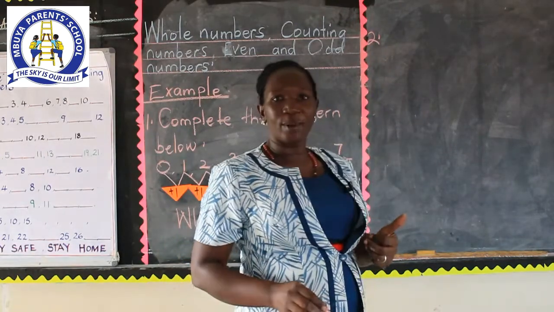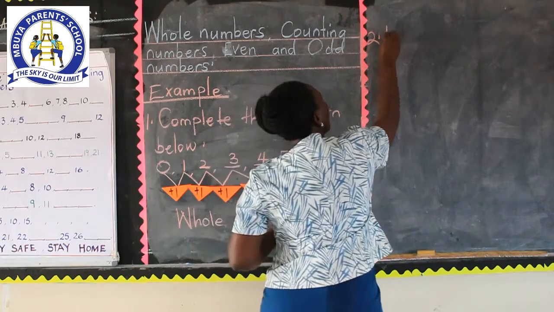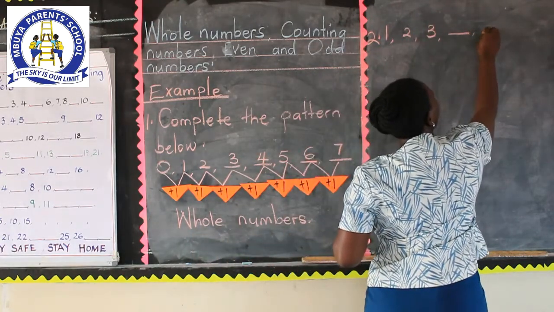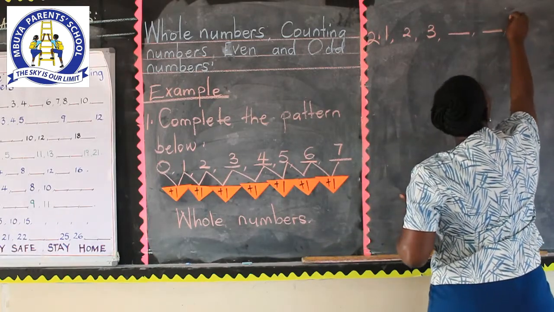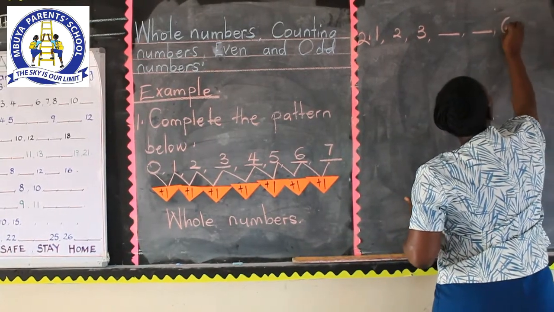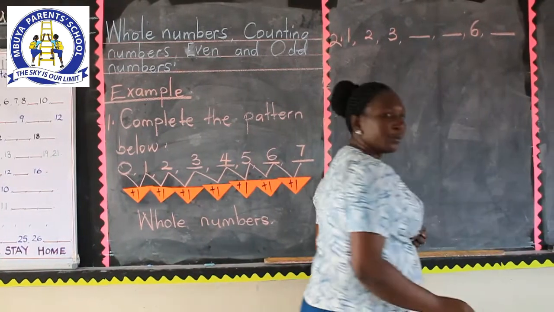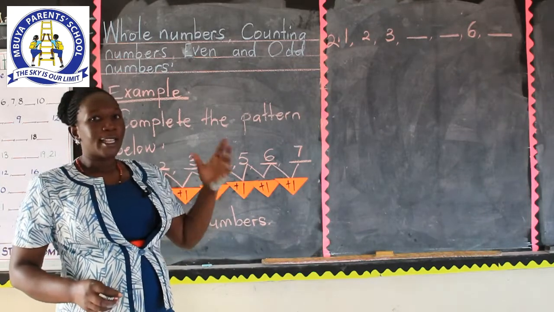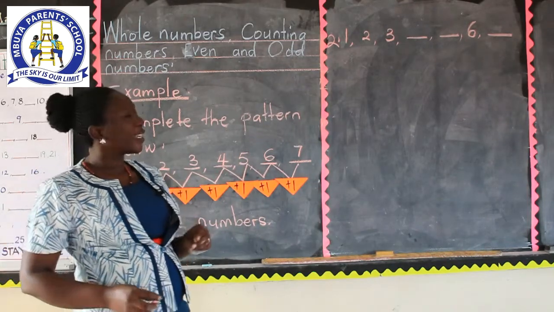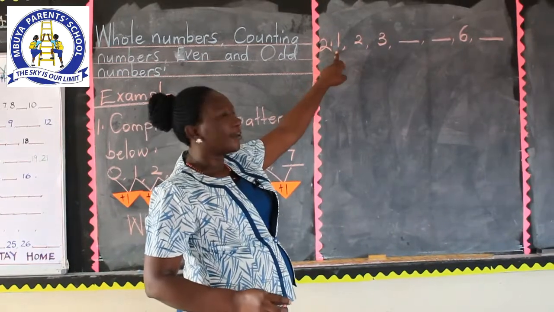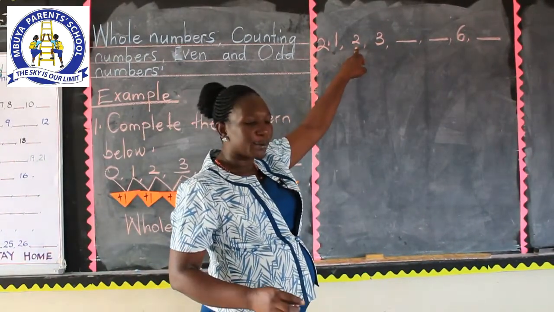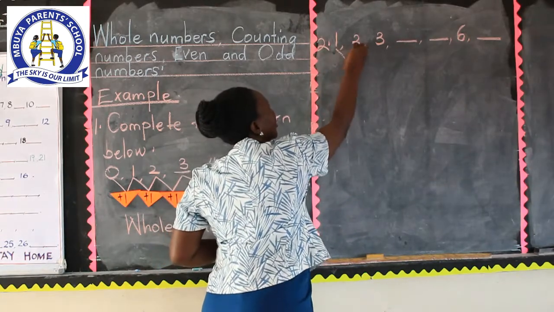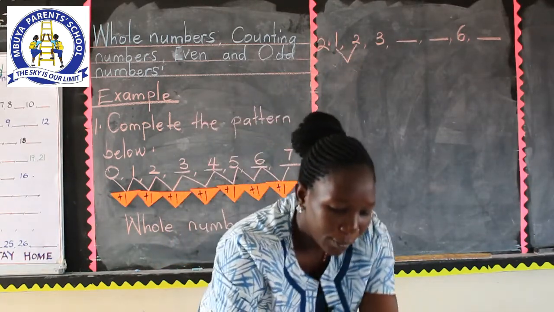When you come to example 2, we have 1, 2, 3, dash, dash, 6 and dash. Still, we are going to compare the two next numbers. 1 coming to 2. What did I do? I added 1 to come to 2.